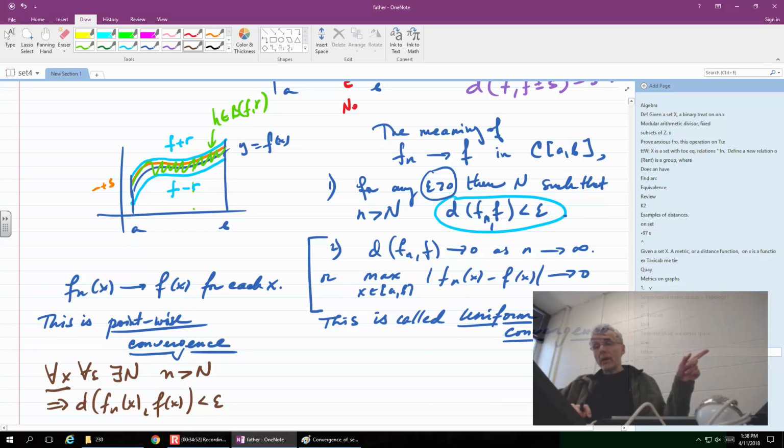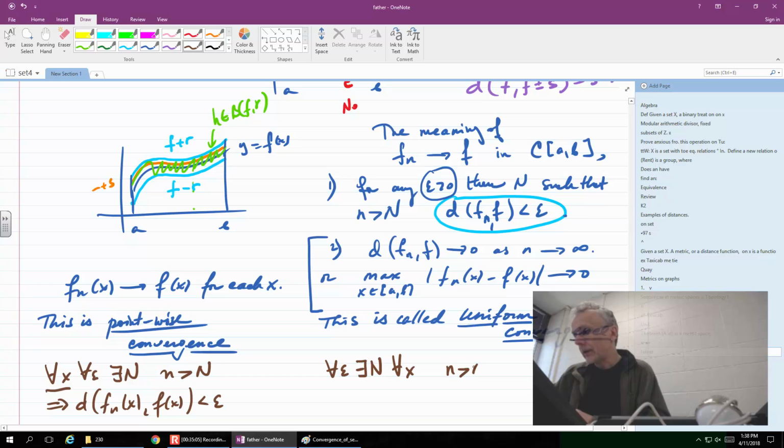However, now we'll look at the uniform convergence. It will be epsilon comes first, and N comes second, and then x and n. So for every x, and n larger than N implies that same exact thing.